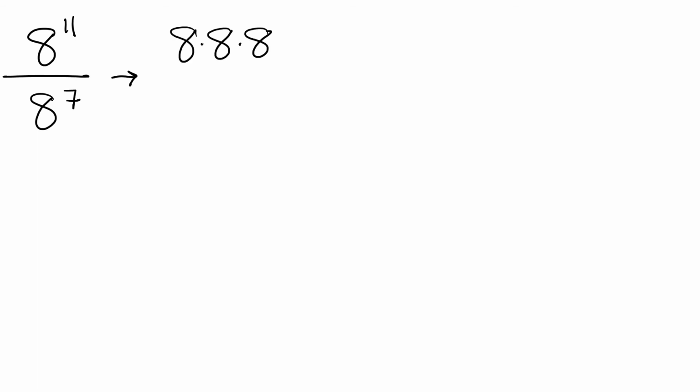For our 5th division problem, we're going to do 8 to the 11th power divided by 8 to the 7th power. We start by writing out 8 to the 11th, 11 times.